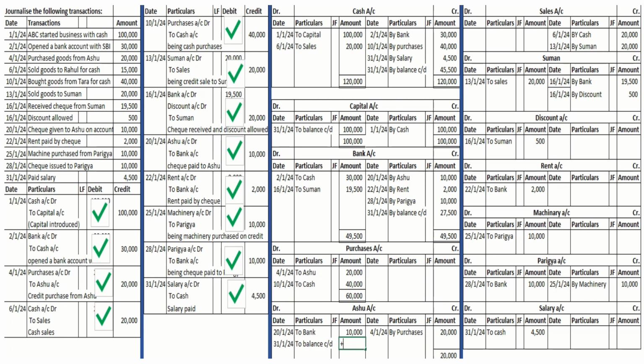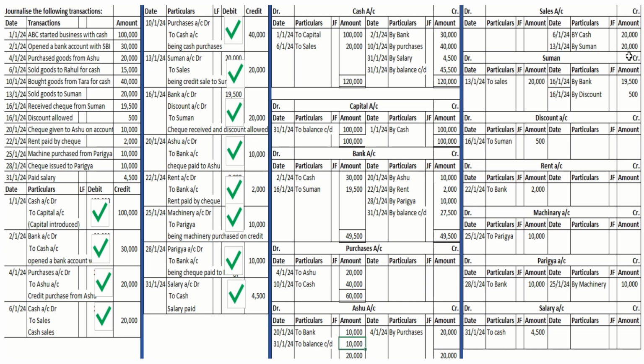The difference is 20,000 minus 10,000. It denotes that total purchases we made from Ashu are 20,000 worth, but we paid only a check of 10,000. Balance carried forward means we need to pay this liability in the future.